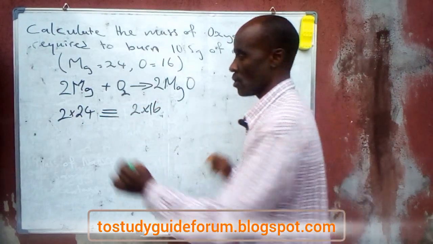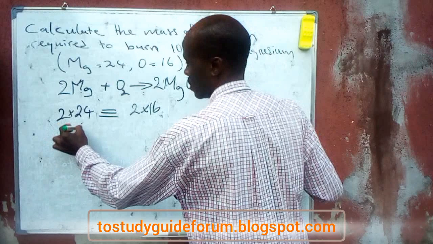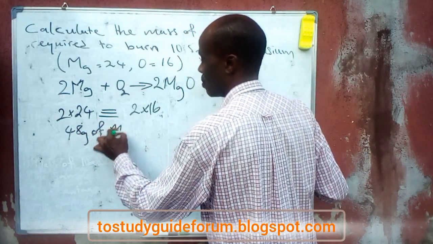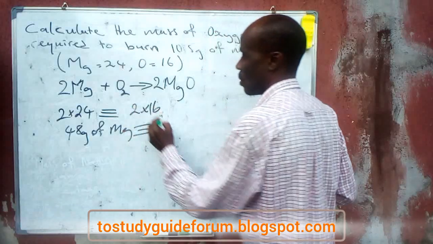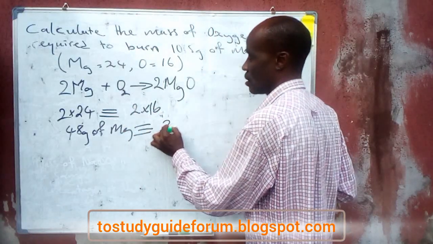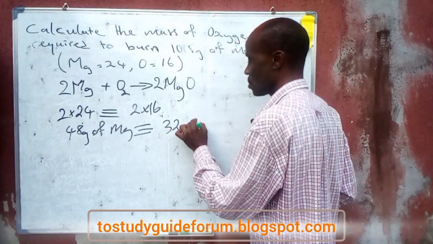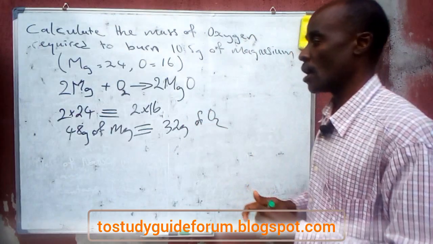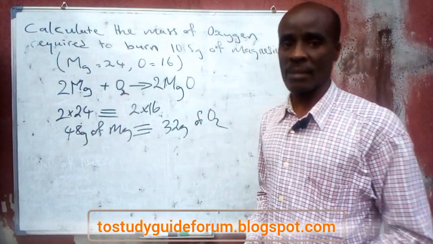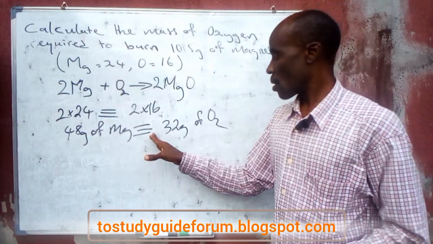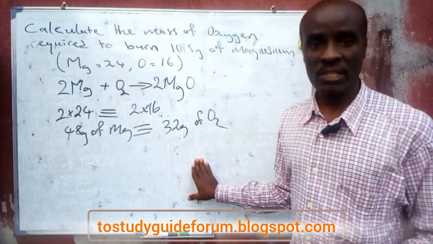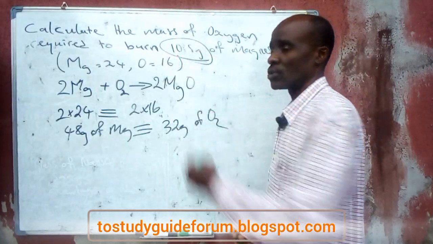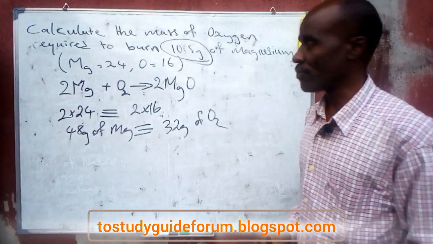That gives 48 grams of magnesium, while that of oxygen will be 32 grams of oxygen. So 48 grams of magnesium combines with 32 grams of oxygen.